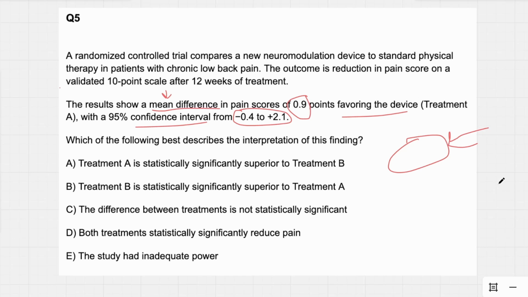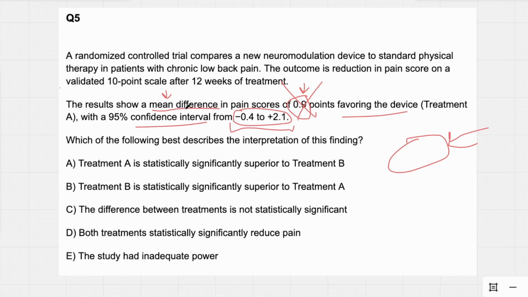It could be 0, which means it could be nothing. So even if the actual score we got was 2.1 and our confidence interval was still this, it would still be insignificant. Literally, the actual score you get does not matter. The confidence interval for these types of questions is what you need to understand and interpret here.